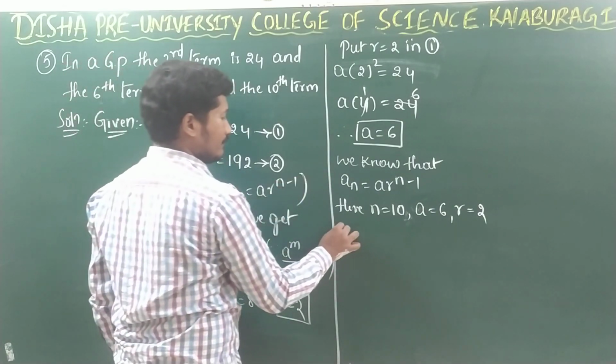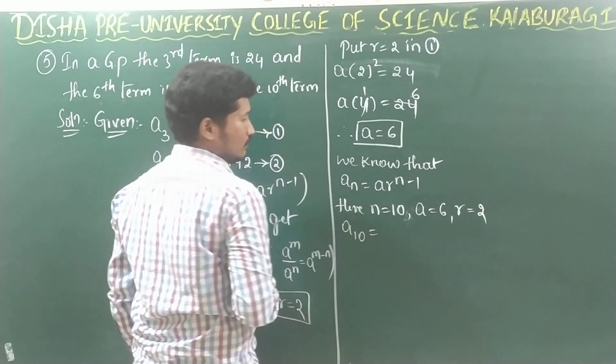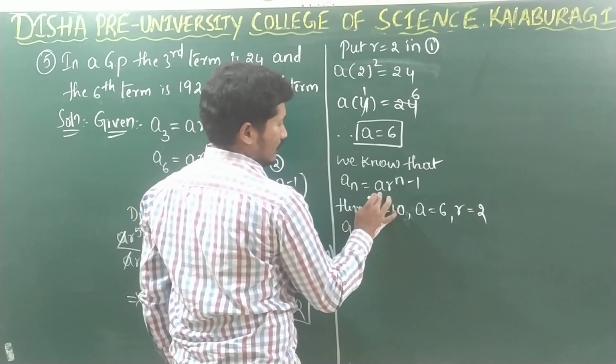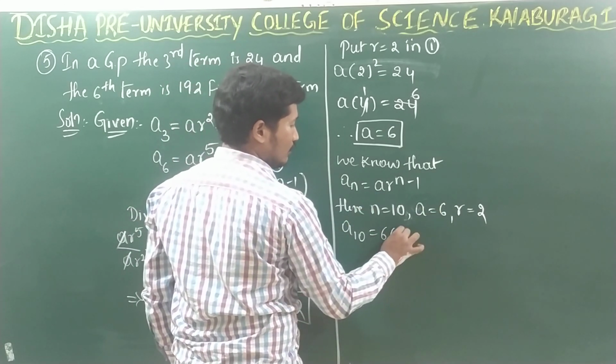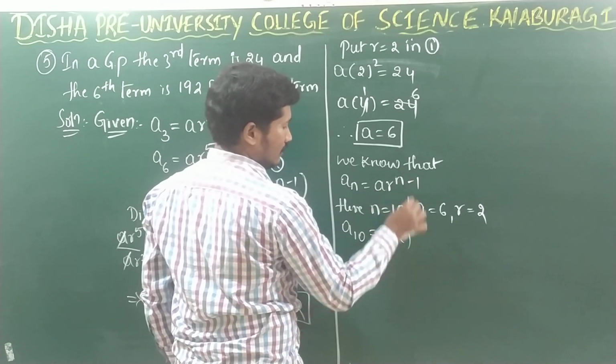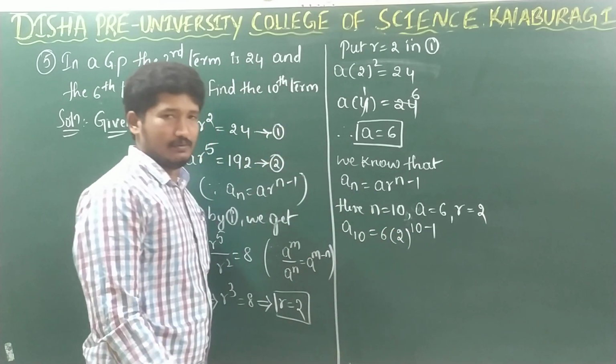Let us substitute. A10 is equal to, see, the value of a is 6, the value of r is 2 and the value of n is 10.